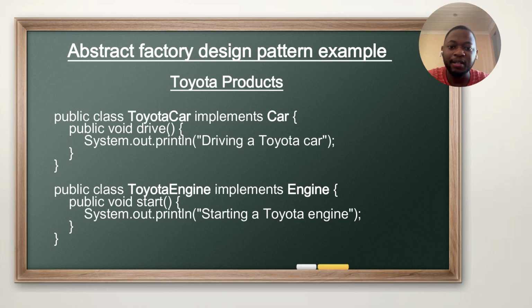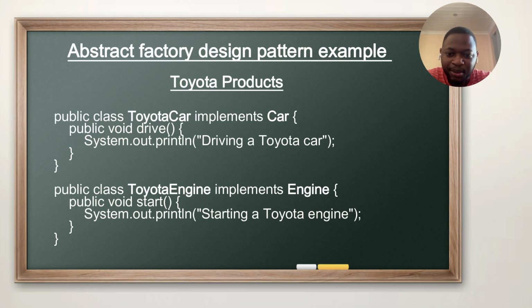So here we have the Toyota products. For our Toyota products, we have a Toyota car subclass that implements the car interface that we had previously, and we are required to implement the drive method. So whenever we call this drive method from the Toyota car object, it should print out driving a Toyota car.